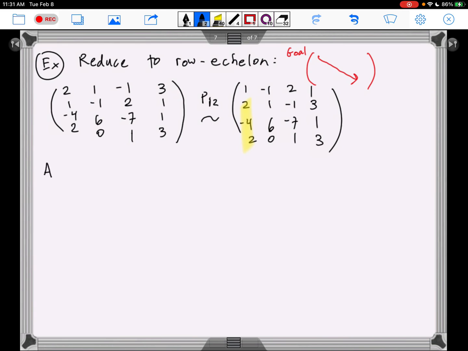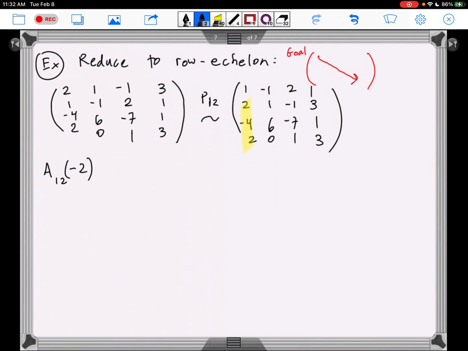First thing we can do is add negative 2 times row 1 and add it to row 2. Why is that? Because negative 2 times 1 is negative 2, and if you add it to 2, you get 0.